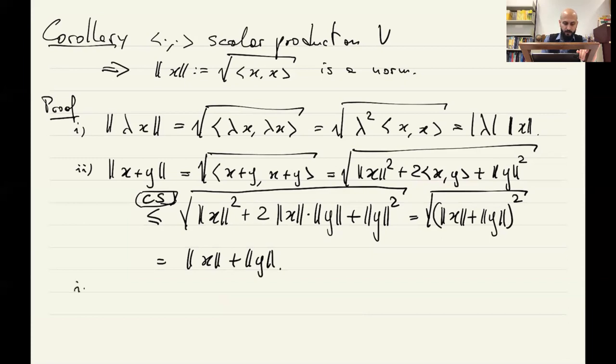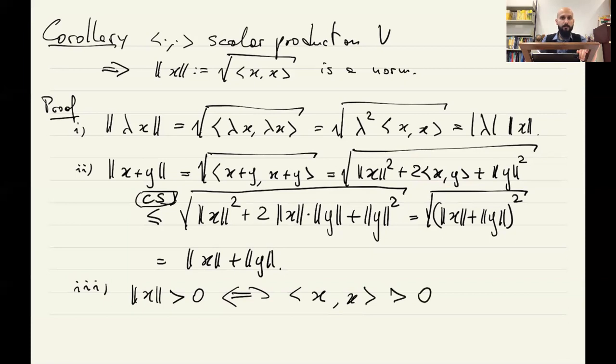And the last thing, we have that the norm of x is greater than 0, of course, if and only if the scalar product is greater than 0, and that's true.